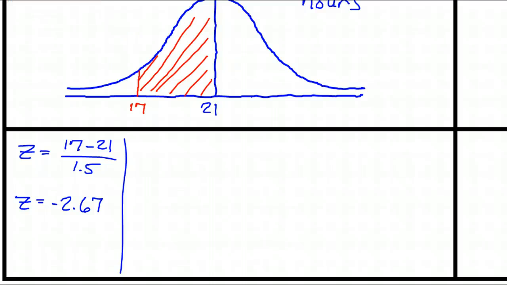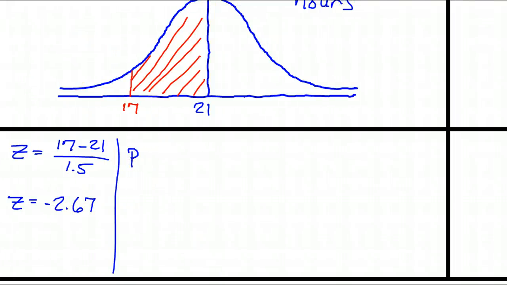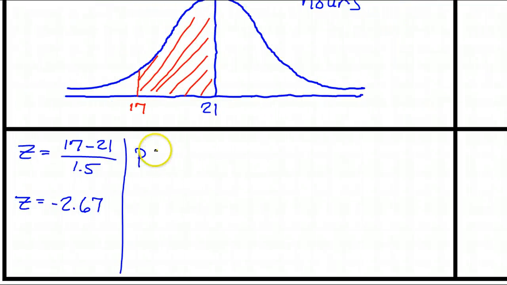So if I want the proportion of z-scores that are between these two z-scores that I have right here, I'm looking for the proportion where negative 2.67 is less than z, which is less than 0 in this case.